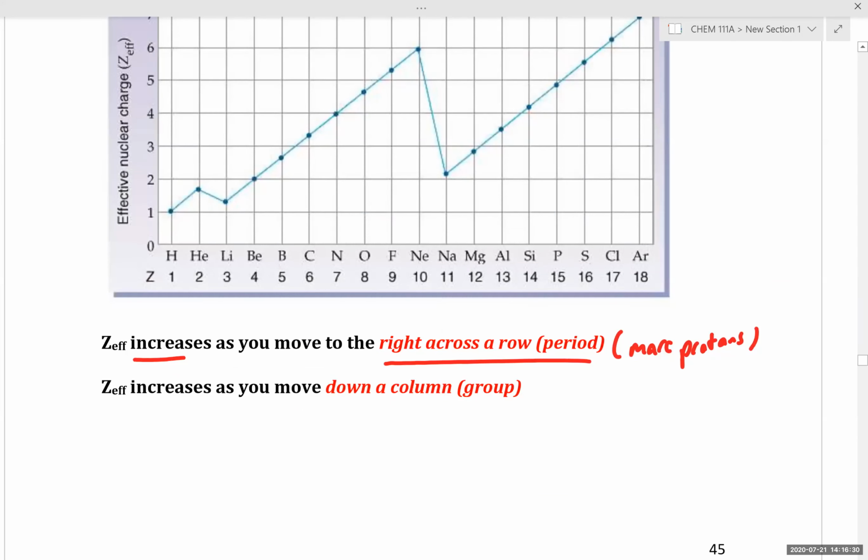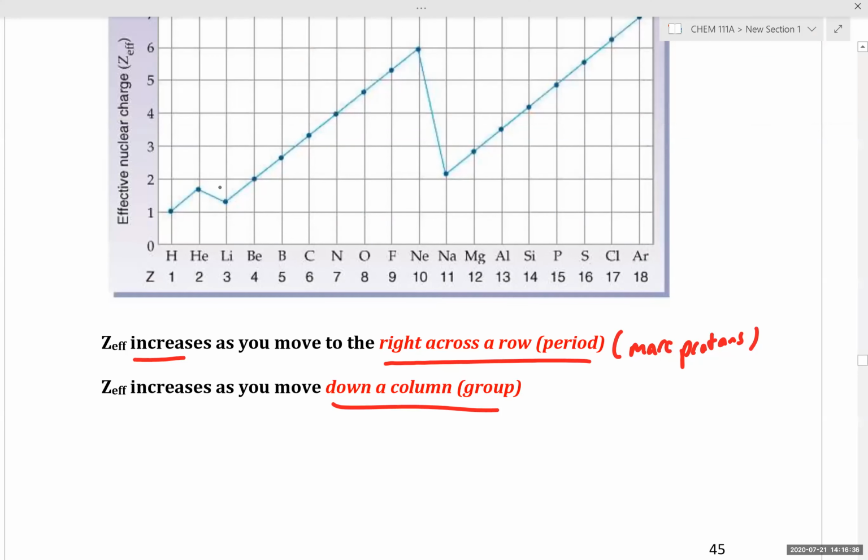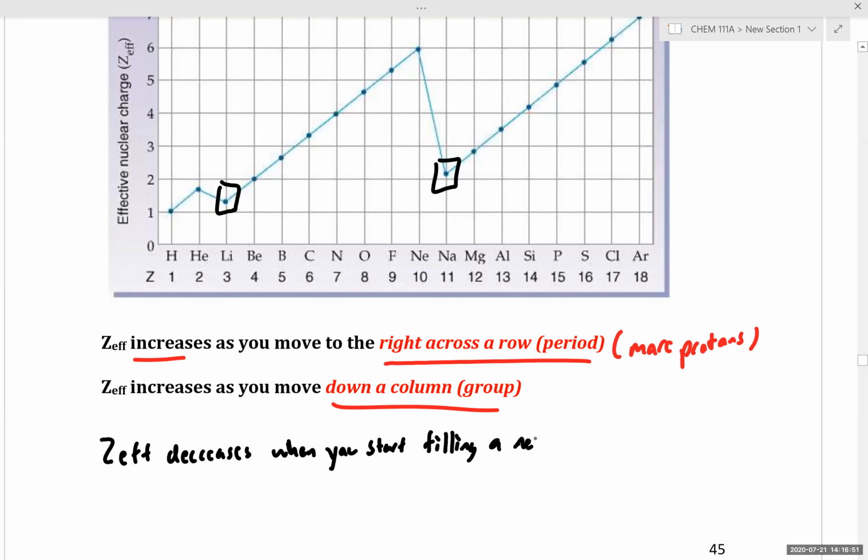Effective nuclear charge also increases as you move down a column, but there is a reset and a strong drop where effective nuclear charge decreases when you start filling a new row, otherwise known as a period.